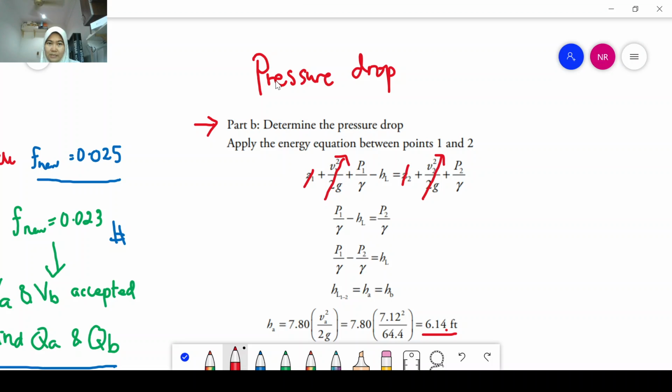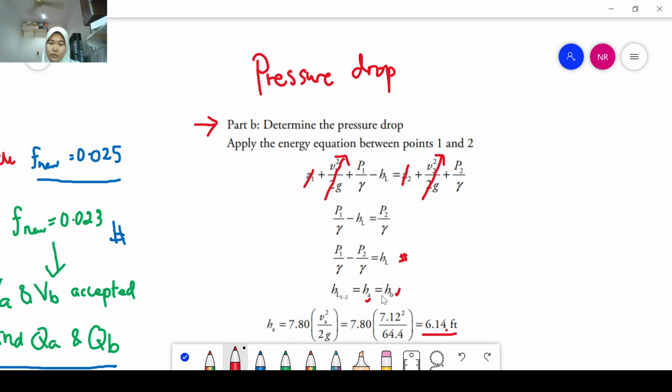Since the question wants us to find the pressure drop, this is what it means: pressure drop is P1 minus P2. You know that HL in this parallel pipe system is equal to HA and is equal to HB.